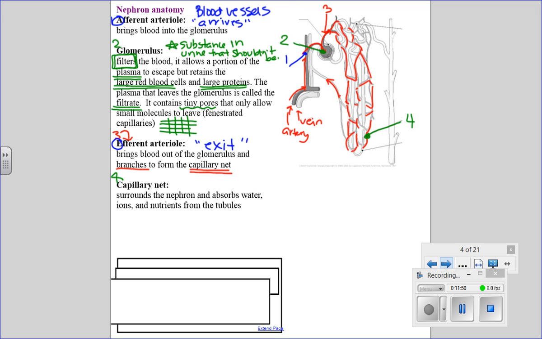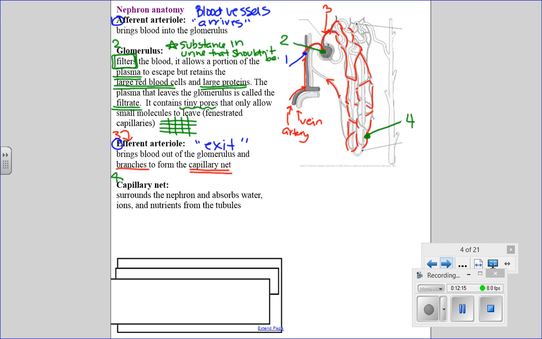Now, afferent and efferent are relative words. They have to be used when you're describing the position of a structure compared to blood flow. One particular blood vessel is not necessarily always an afferent one. It depends which structure we're talking about. This is the only spot that we're going to use those terms, whether blood is coming in or coming out of the glomerulus.